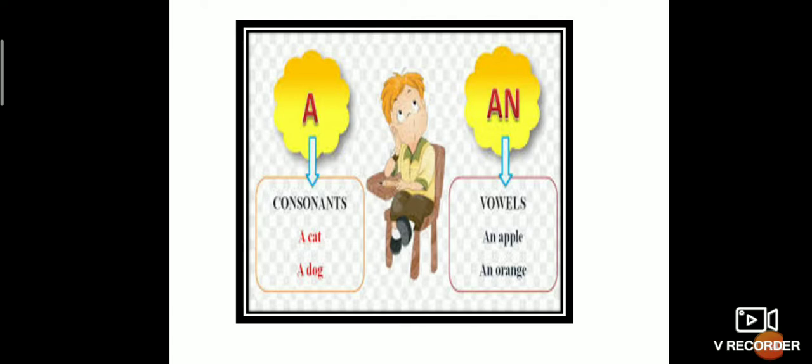Vyanjan is your consonants. Alright. So whenever you are getting these swar sounds in any of the words, you have to put an. And whenever you are getting a vyanjan sound, you'll put a. Like a, e, i, o, u. Alright. Take care of these sounds.